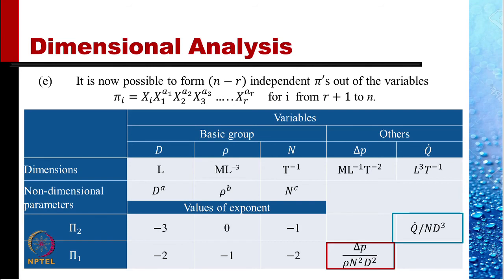And the other, with the independent parameter Q dot, the values of the exponents are 0, minus 3, and minus 1. So this comes out to Q dot divided by n d cubed. This is for the independent parameter and the other for the dependent pi number.